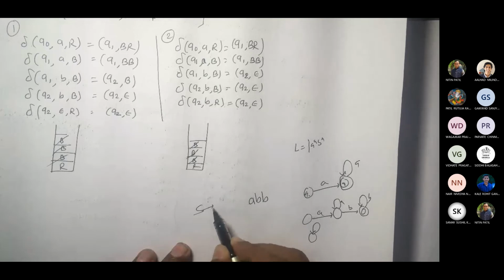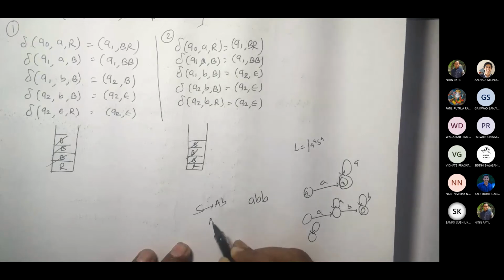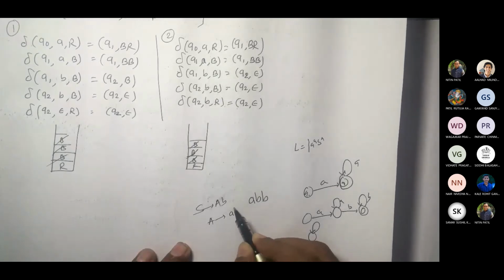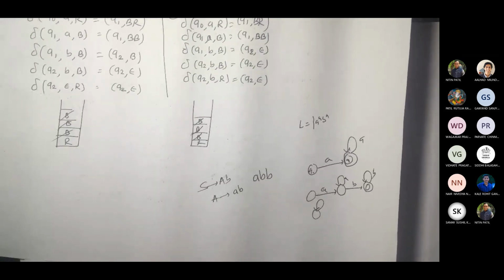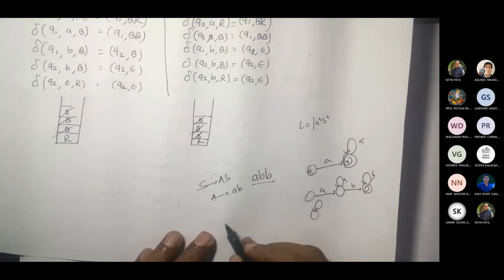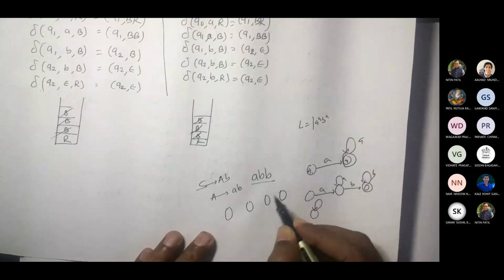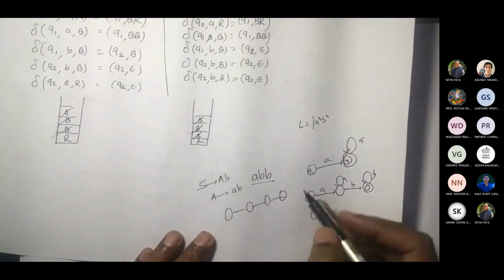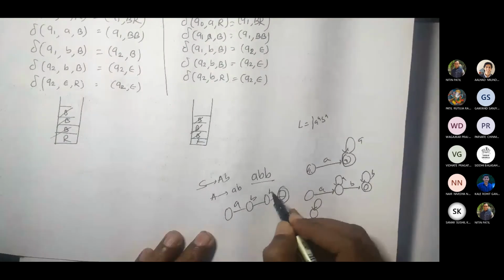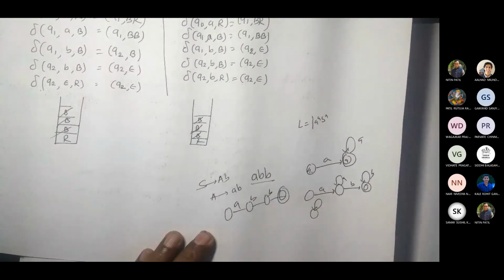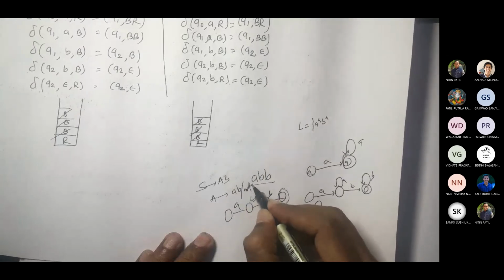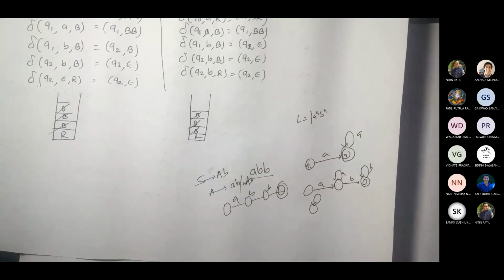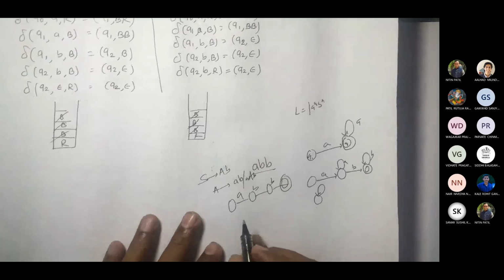I can say that A would be giving AB. Similarly, if I have to draw a finite automaton for this, I can get it. ABB, correct. But when I magnify the solution and add one more A here, then I cannot get it.